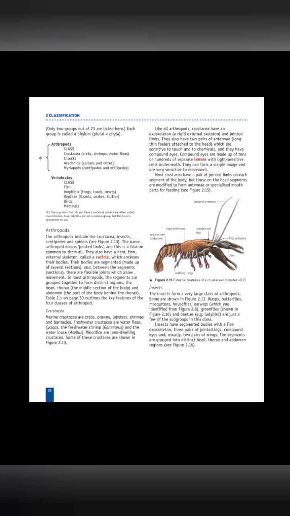An insect is an arthropod with three body regions, three pairs of legs and usually two pairs of wings. Crustaceans: a crustacean is an arthropod with two pairs of antennae, compound eyes, and usually lives in water.